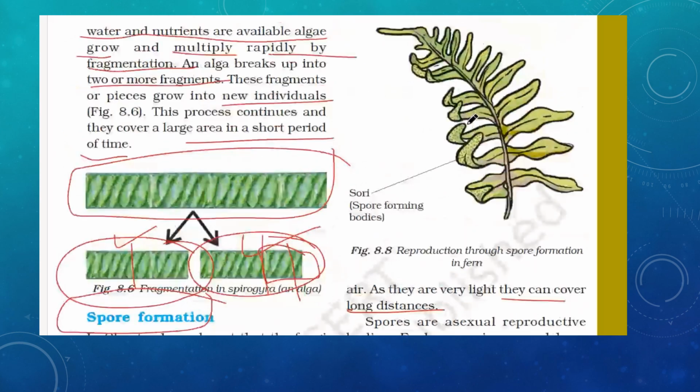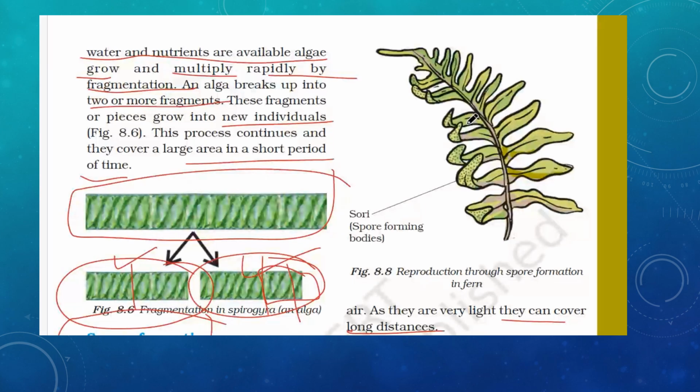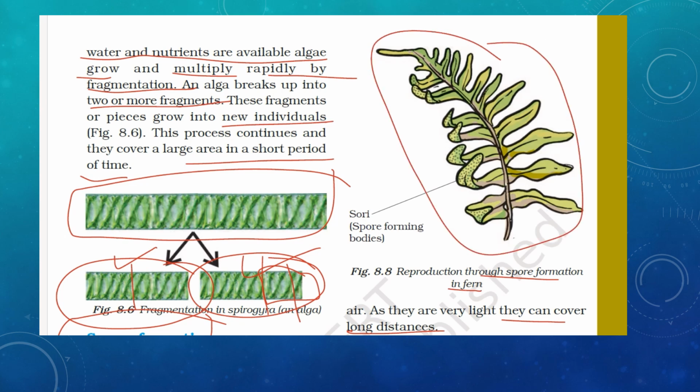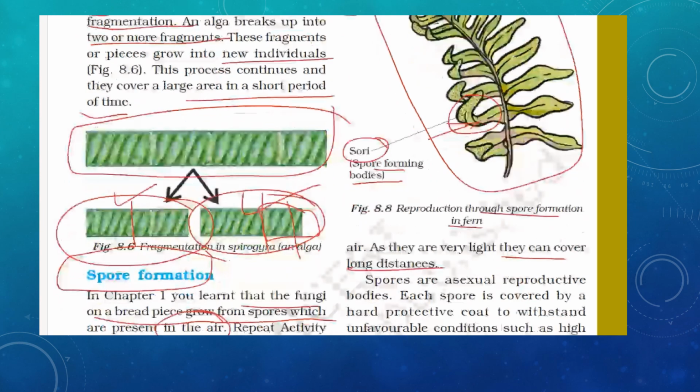Reproduction through spore formation also happens in fern. This is a fern leaf, right? Here the spore-forming bodies are on the leaves of this fern, and in this fern the process of reproduction is through spore formation.